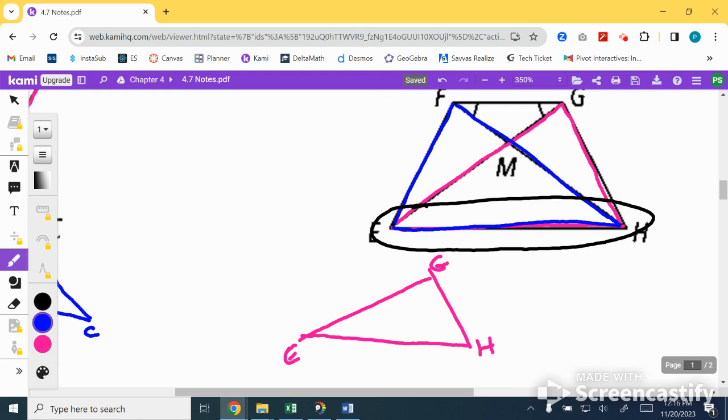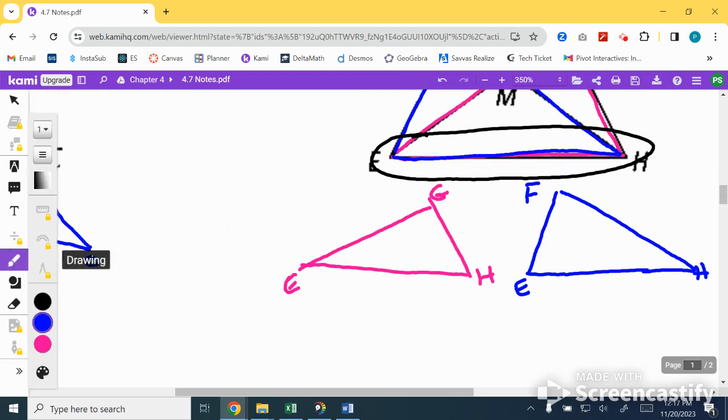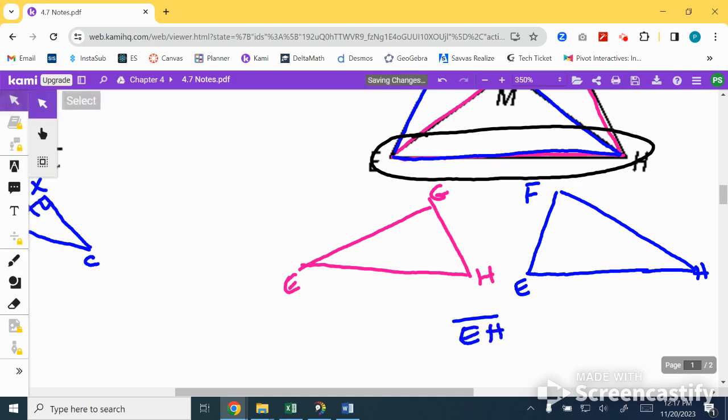I'm going to do F to E. And then that goes straight over to H. And then we close that up. So F, E, H. And as you can see in these pictures, line segment EH is in both my pictures. So that's the one that's in common. That's my answer there.